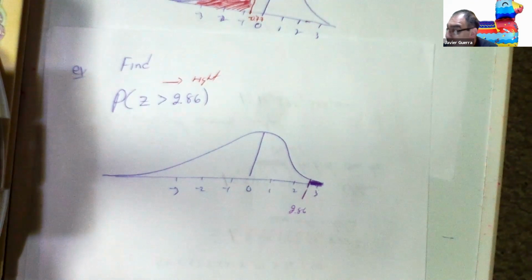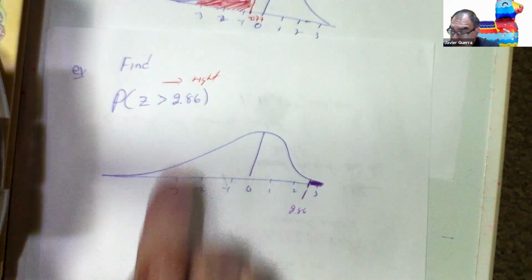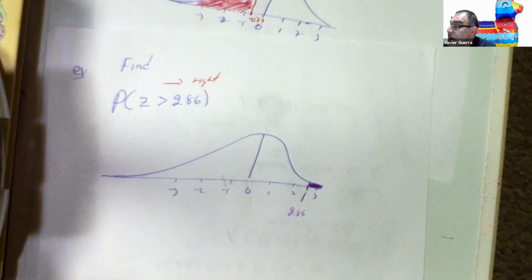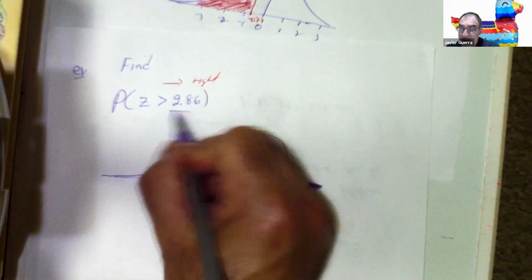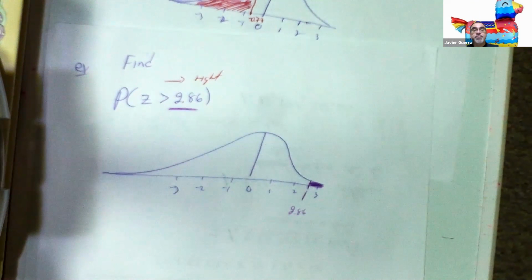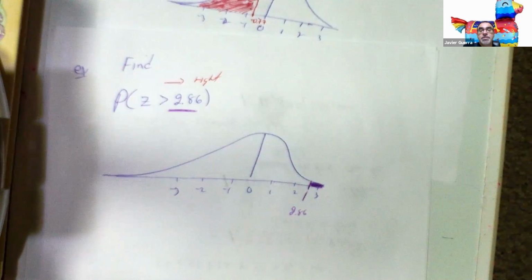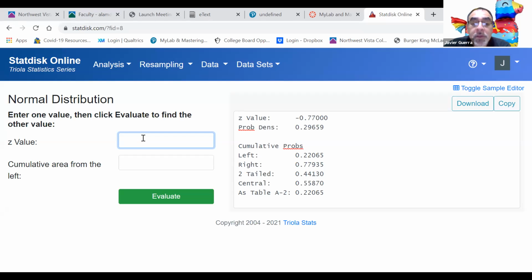Well, let's find out. So I'm gonna go to my StatDisk and I'm going to enter 2.86 in that little window.